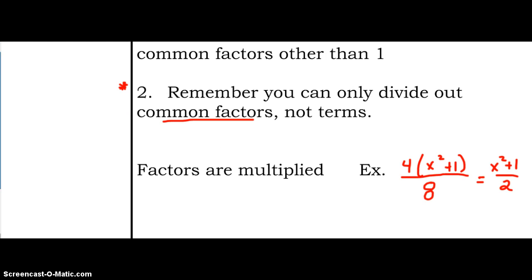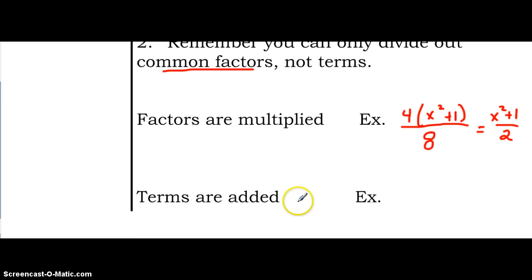An example where they're not factors, they're terms that are added, would be 4x squared plus 1 all over 8. And in this example, we cannot simplify this 4 and the 8. The 4 is not being multiplied by both items. Here it is, so we can simplify. Here it's not, so you cannot simplify.